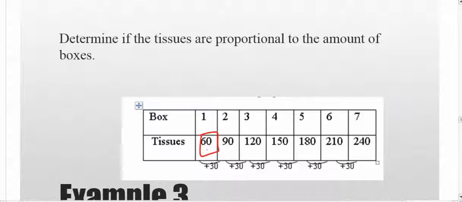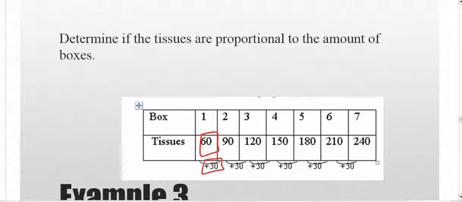So the number is 60, except you're adding 30. So that's kind of a hint that it is not proportional, because you have to continue adding 60 to the equation to show that it is proportional, and this is adding 30. So just a really big hint right there that it is not proportional.